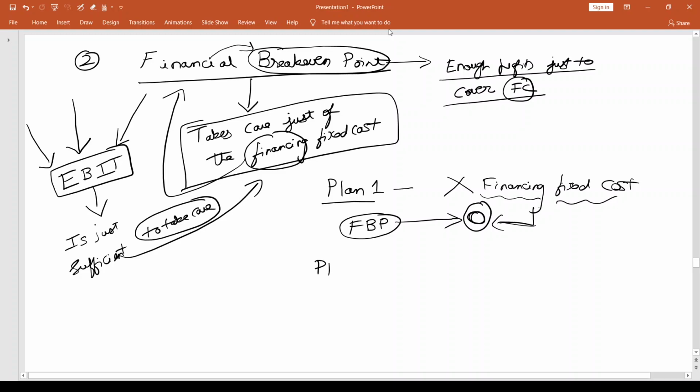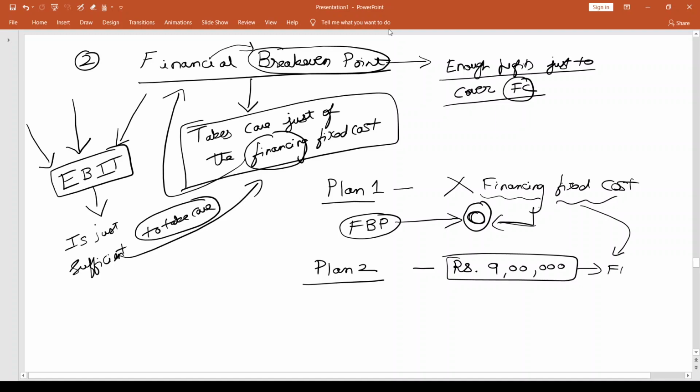But when I come to plan 2, that's not going to be my logic. In plan 2, I have rupees 9 lakhs as my fixed financing cost. Let me call this FFC. A lot of abbreviations, but I know you understand: FFC, financial fixed cost. So in plan 2, I have 9 lakhs to cover.